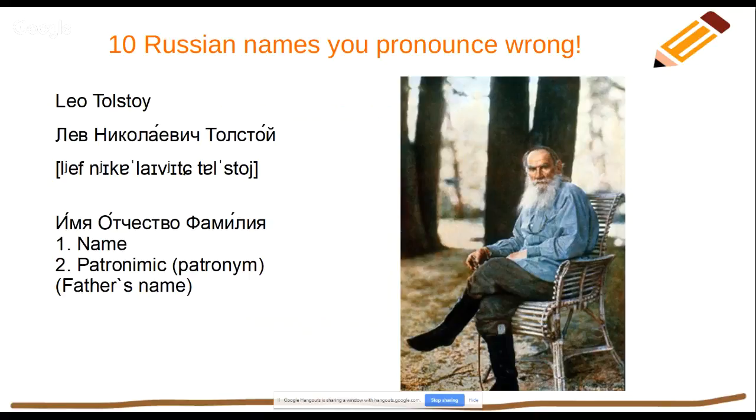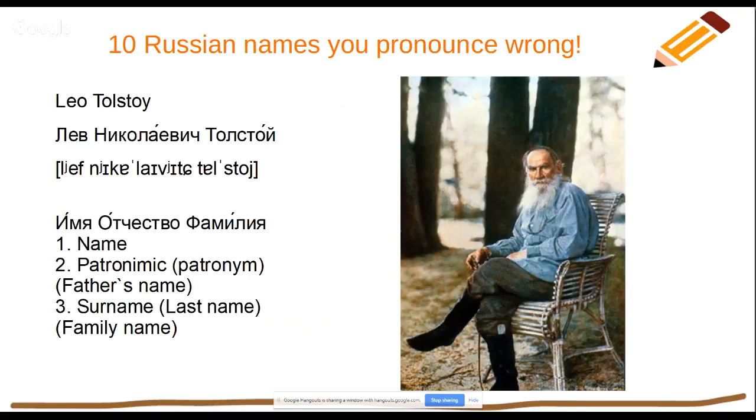And we don't choose this name. It is automatic. Yeah. So Nikolaevich means that the father of Tolstoy was Nikolai. Okay. And we have фамилия, surname or last name or family name. This one is also automatic. We inherit it from our fathers, yeah.